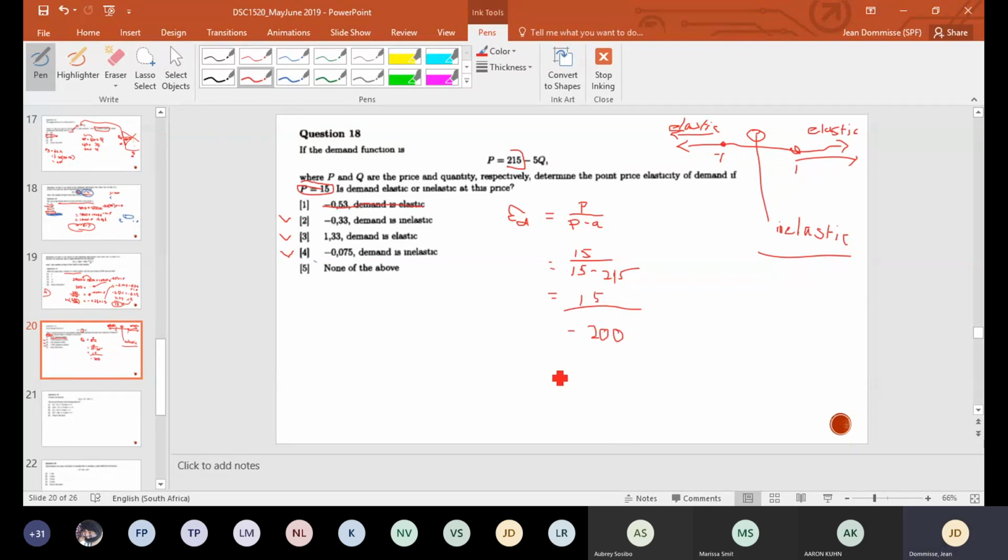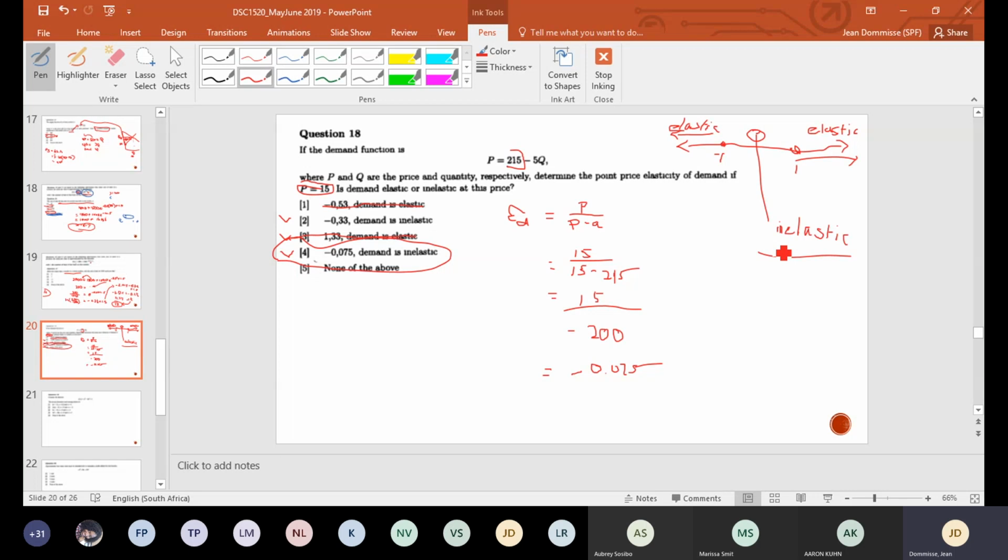That answer will be negative, so that tells me I can take that one out as well. So 15 divided by -200 gives me -0.075, which then is option 4.